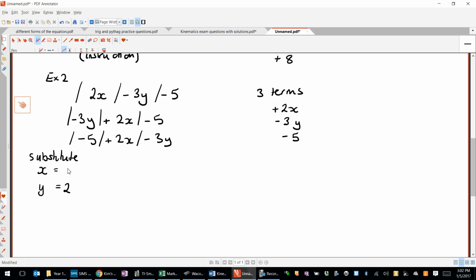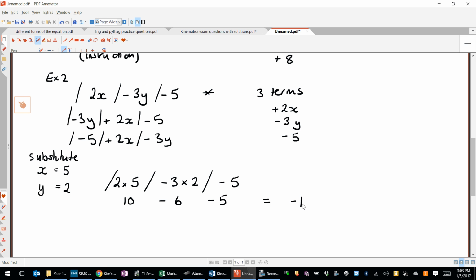So now we go 2 times 5, I'm going to use this one here: 2 times 5 minus 3 times 2 minus 5. What's 2 times 5? 10. Minus 6 minus 5 gives me minus 1. So the value of it would be minus 1.